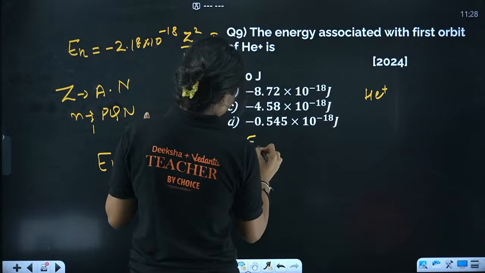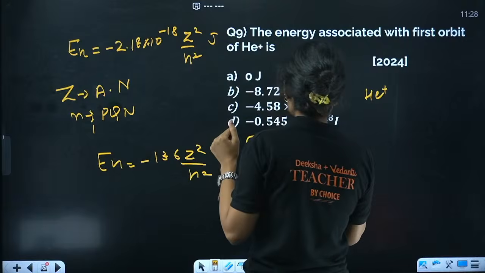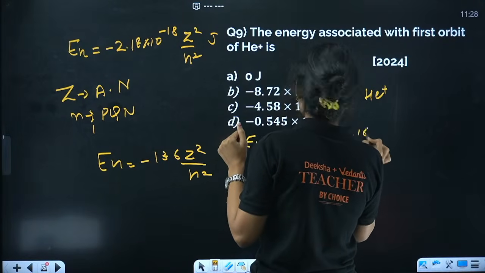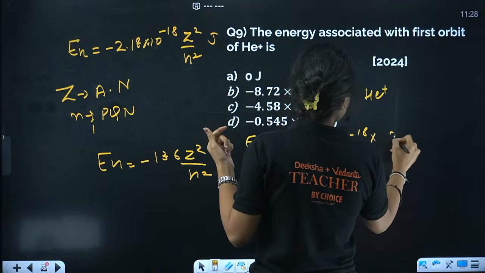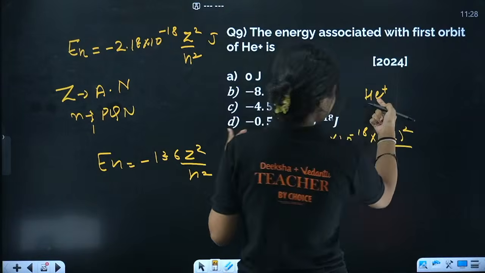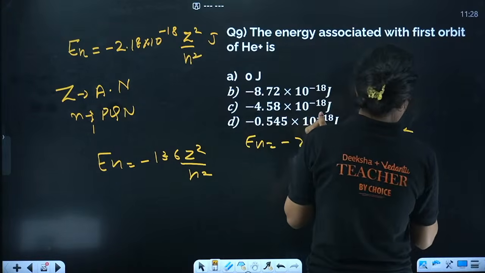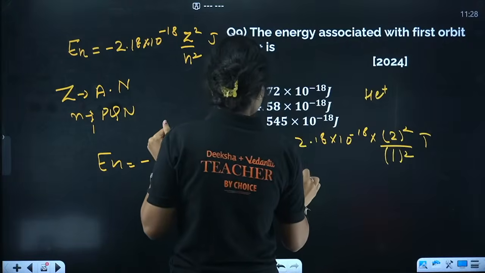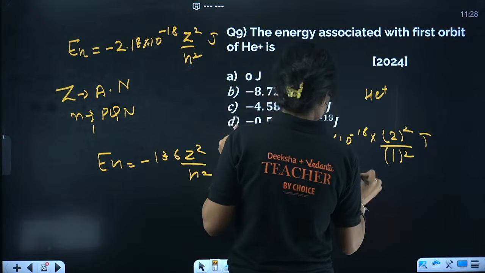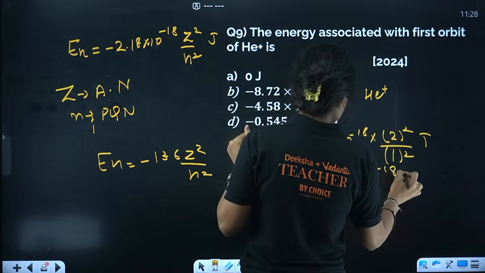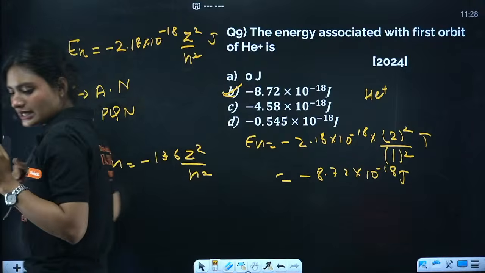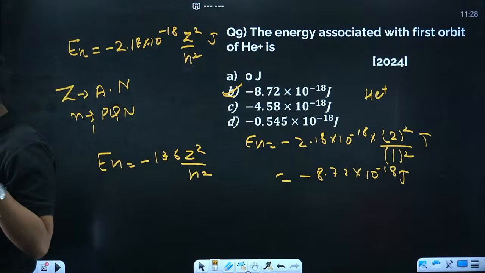So En equals -2.18 times 10 raised to power -18 times Z squared, where Z is 2 and n is 1, because the configuration is 1s2. So your answer will be -8.72 times 10 raised to power -18 joule. Option B, and all of you are again answering option B. Good.